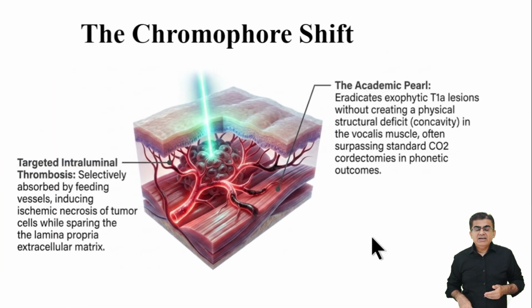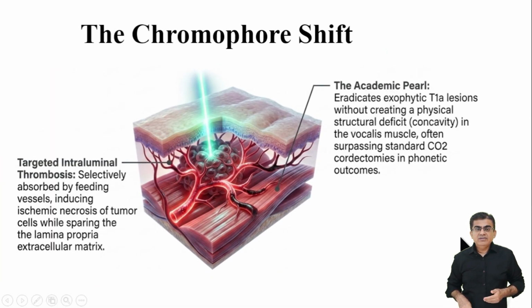Let us look at exactly what happens inside the tissue when we change our laser wavelength. It is called chromophore shift. Look at the anatomical diagram showing the green laser targeting the highly vascular tumor. Because this new laser only targets blood, it causes targeted intraluminal thrombosis.